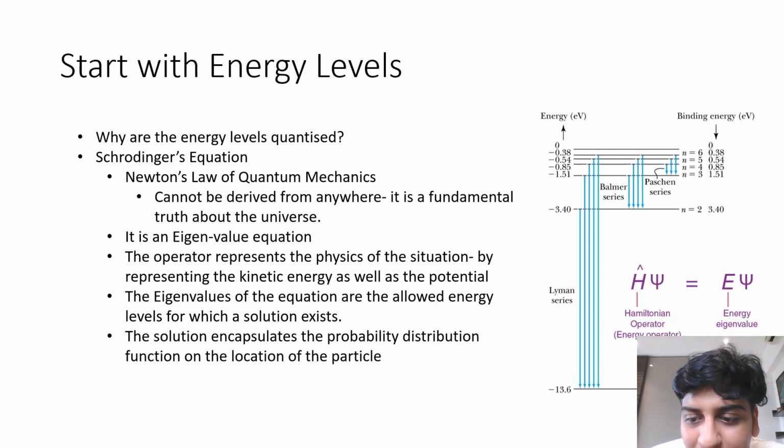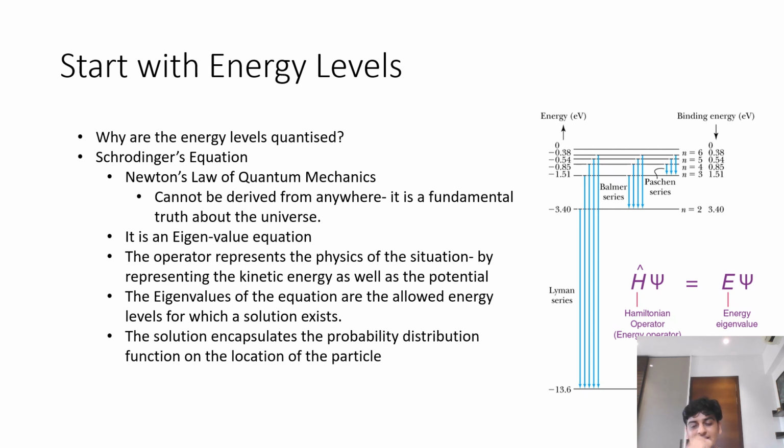So when you do certain operations on psi, you realize that psi encapsulates the probability distribution function of the location of the particle. The specific way that it encapsulates it is that the mod of psi squared is actually the probability distribution function.